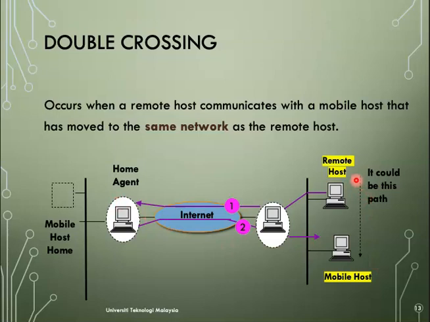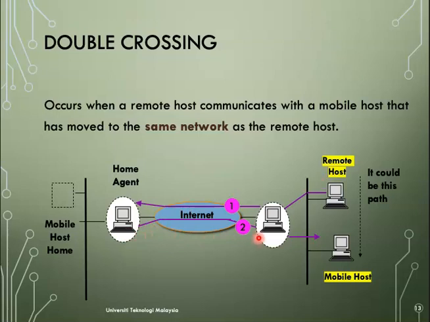First it will send to the home address, so the packet needs to go through the foreign agent here and also the home agent here. Once the home agent intercepts the packet, it will send it back to the mobile host using the care of address of this foreign agent. So, as you can see here, the packet crosses the internet twice.